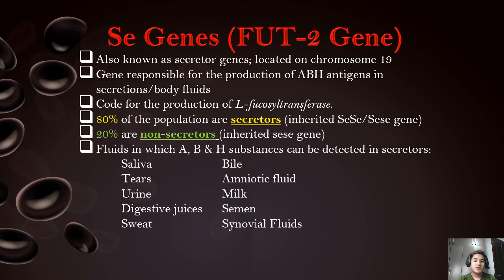So if an individual is a secretor, the fluids in which A, B, and H substances can be detected are saliva, tears, digestive juices, sweat, bile, amniotic fluid, milk, semen, and synovial fluids, which also includes your peritoneal, pericardial, and pleural fluids.